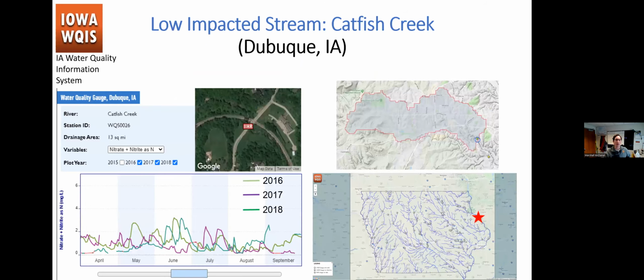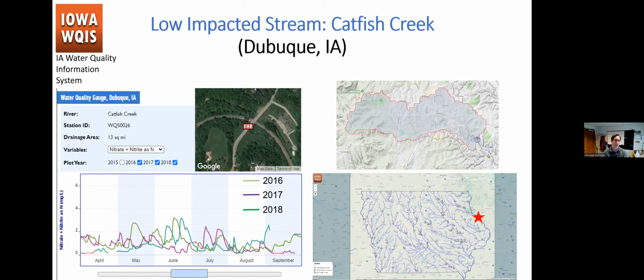A little bit about those streams. We were able to get the history through the Iowa Water Quality Information System, the Iowa USGS database and website. We looked up several streams, and we were looking at this historical data.